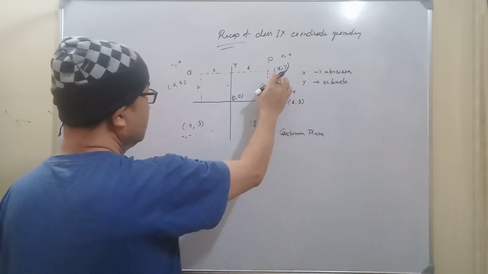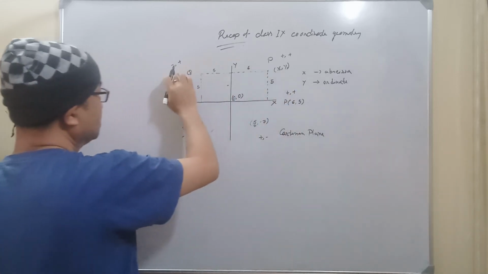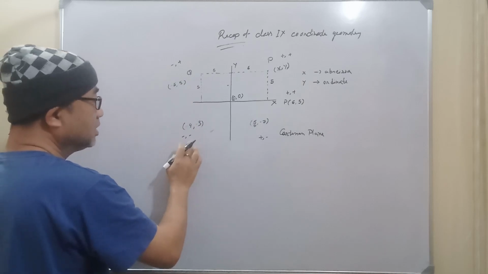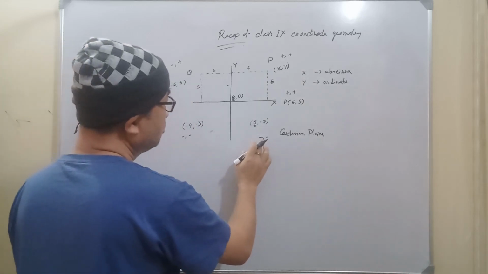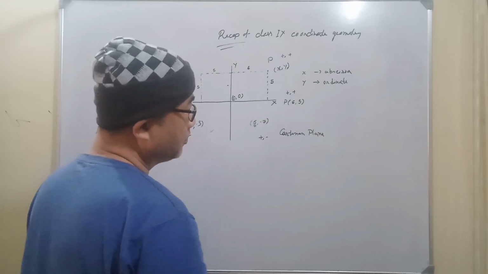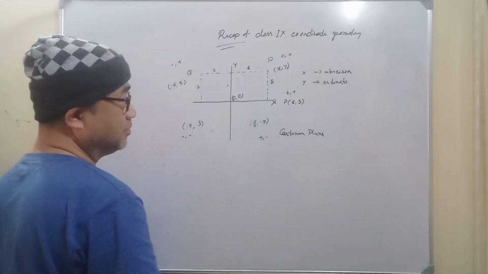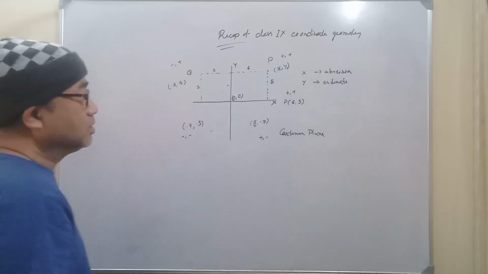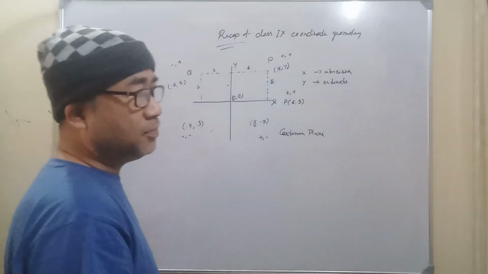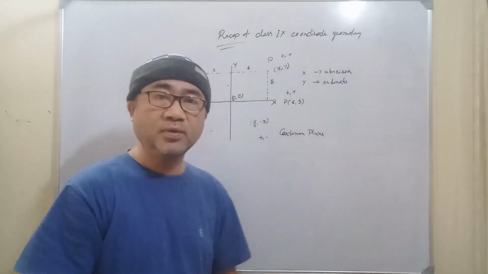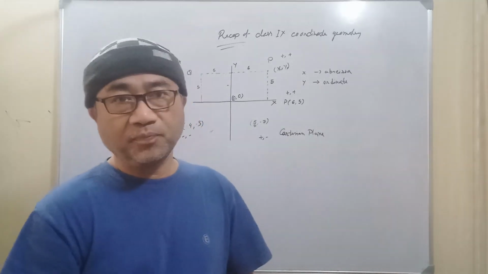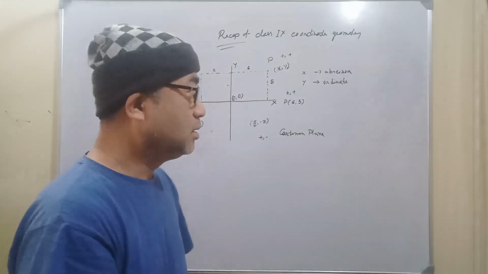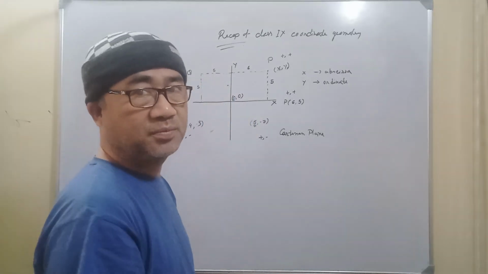Okay, on the first quadrant we assign positive values, on the second quadrant negative positive, on the third quadrant negative negative, and on the fourth quadrant positive and negative. And this is the origin. Okay, so these concepts are required because now we will do distance formula and some other concepts which will need help of these concepts.